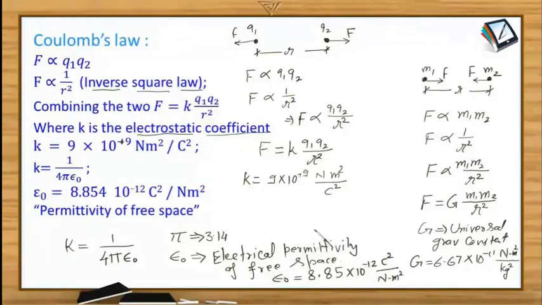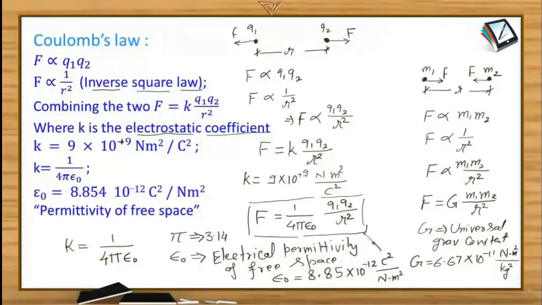Finally we can write Coulomb's law in this form for the MKS system: F equal to 1 upon 4 pi epsilon naught multiplied by Q1 Q2 divided by r square. This formula is to be used very frequently in electrostatics. So just remember this formula, and it's not difficult to remember. It is the same as the law of gravitation. In place of capital G, it is 1 upon 4 pi epsilon naught, or simply K.